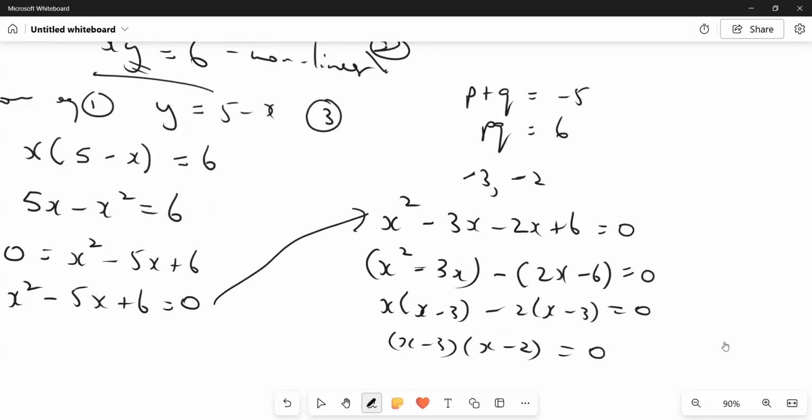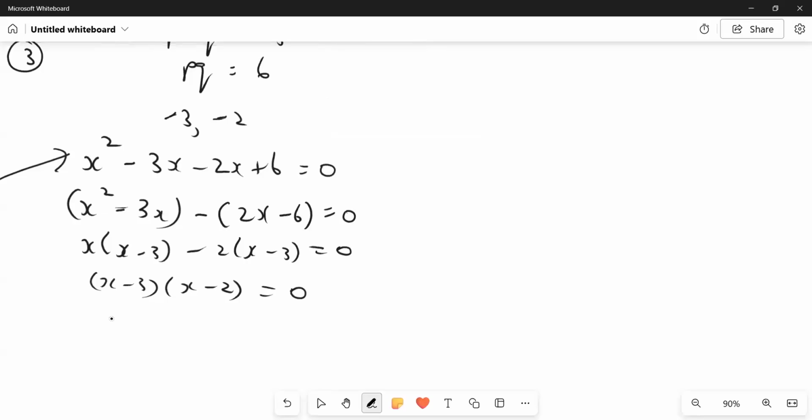So, to do the process, either x minus 3 equals 0, which implies that x equals 3, or x minus 2 equals 0, which implies that x equals 2.